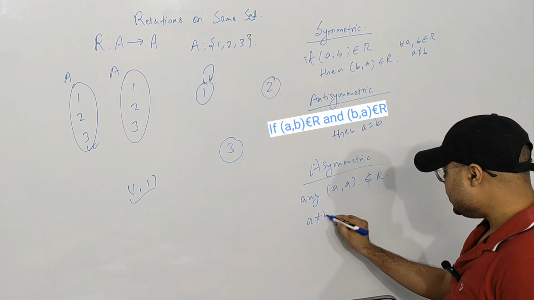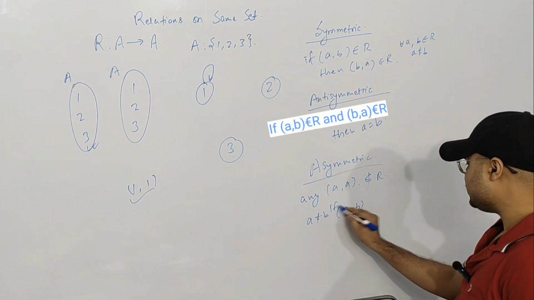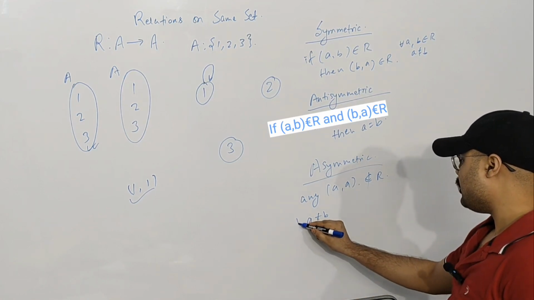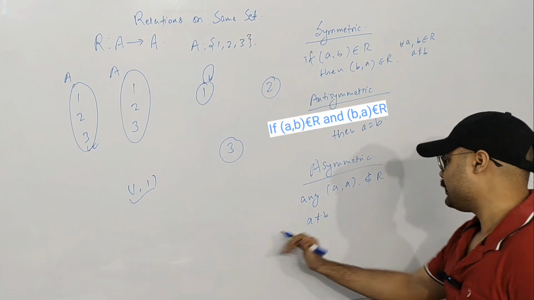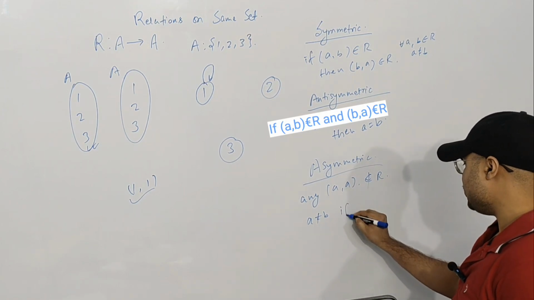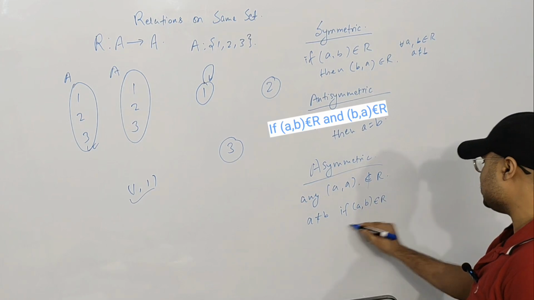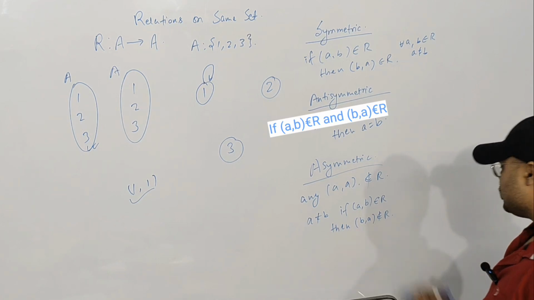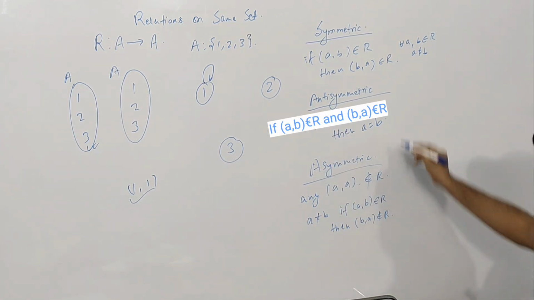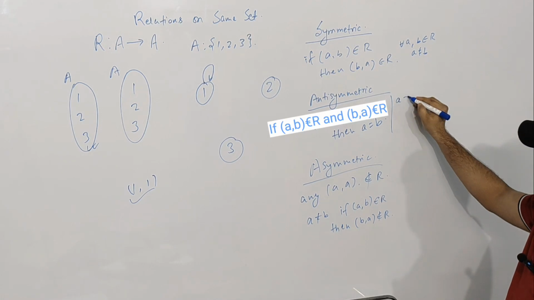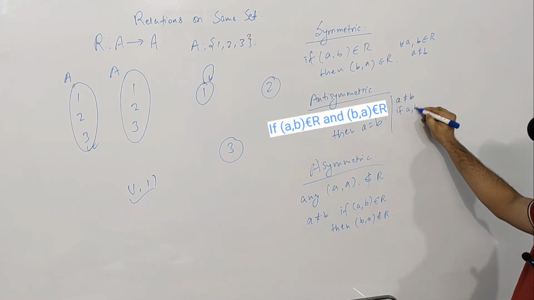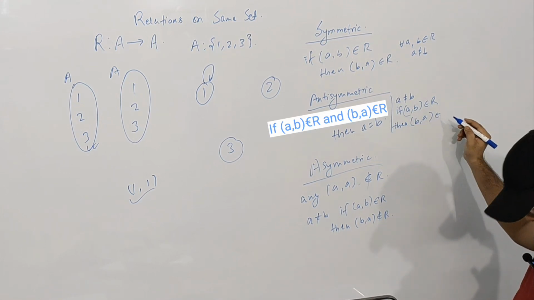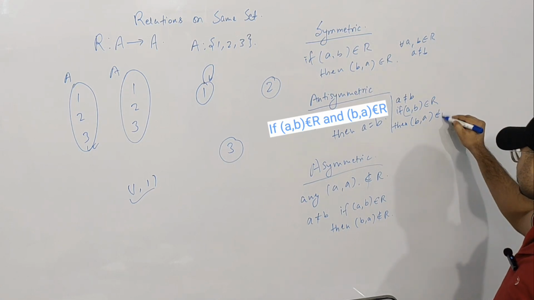And for a not equal to b, if a comma b belongs to R, then b comma a does not belong to R. So this condition holds for anti-symmetric also: for a not equal to b, if a comma b belongs to R, then b comma a does not belong to R.